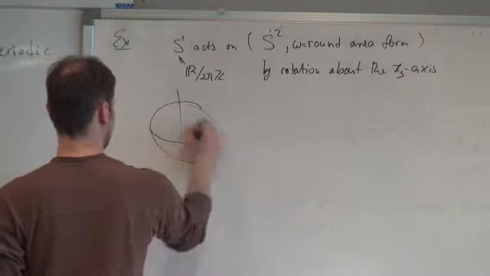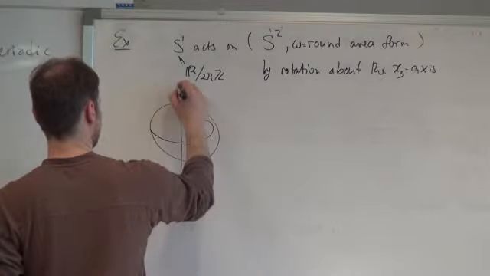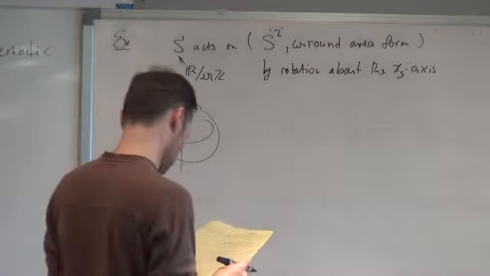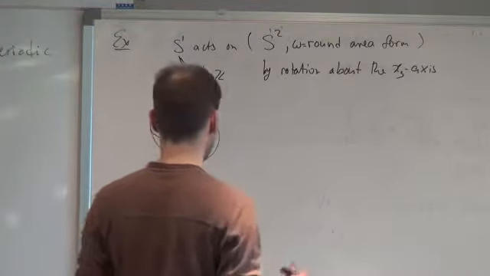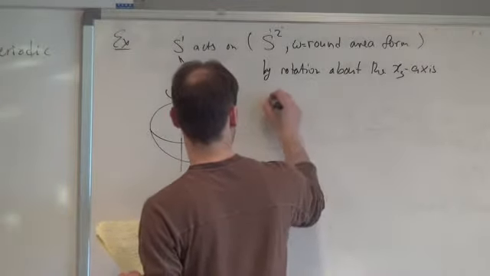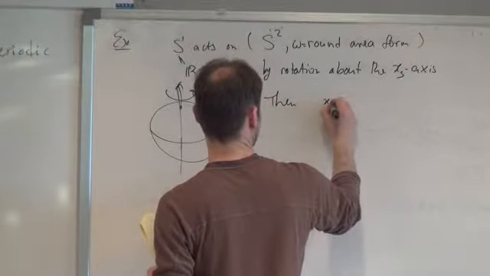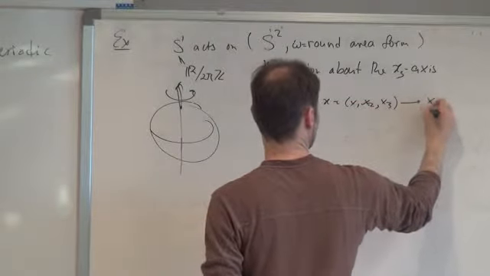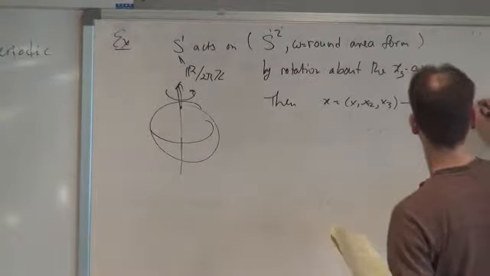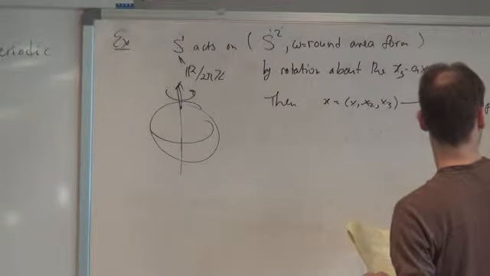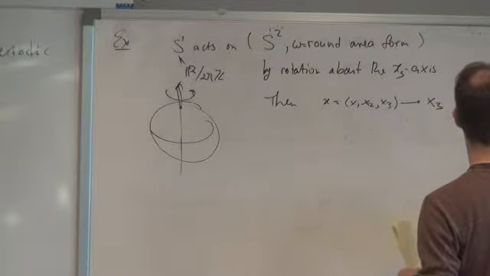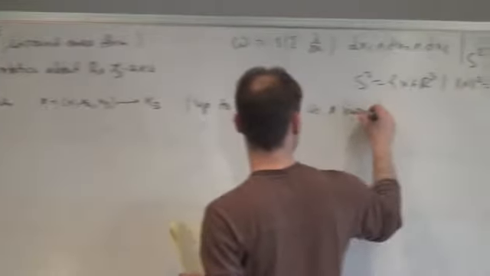Here's the 2-sphere, and we're spinning it around. Then x3, up to a scalar, is a moment map.